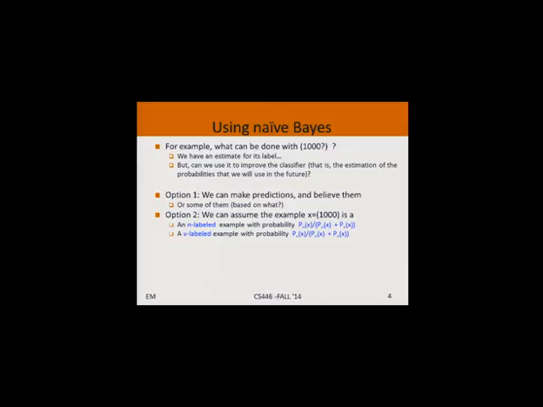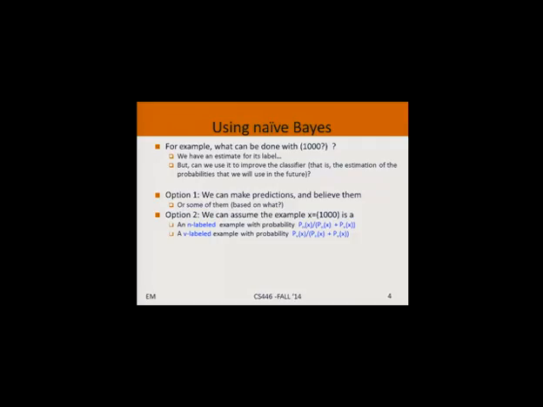Option two was to do almost the same, also use your model to predict on the unlabeled examples, but don't quite make a prediction, rather retain the uncertainty.